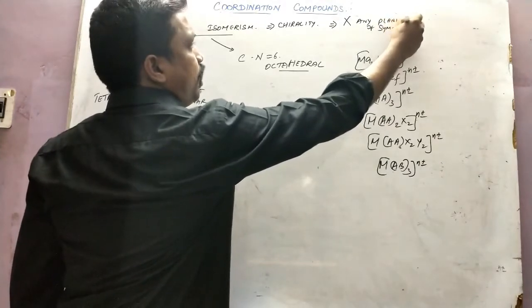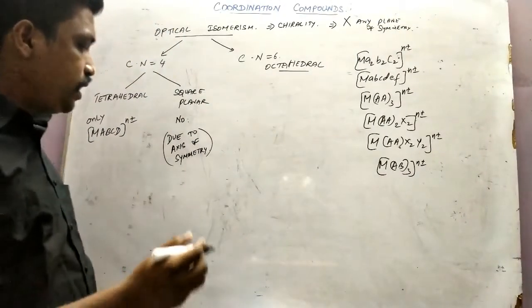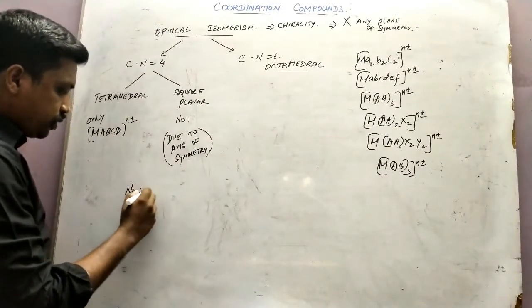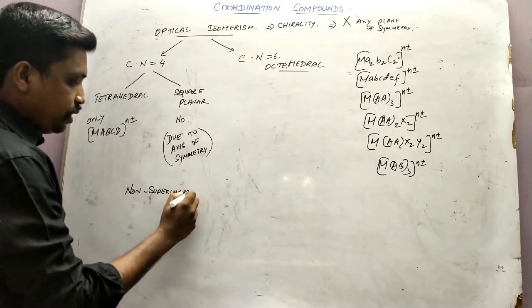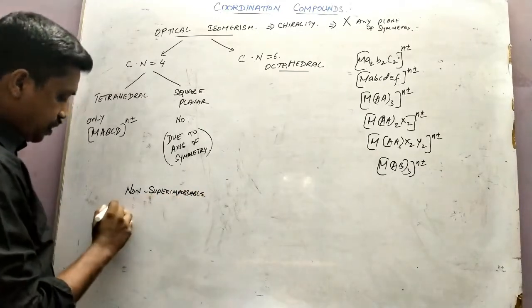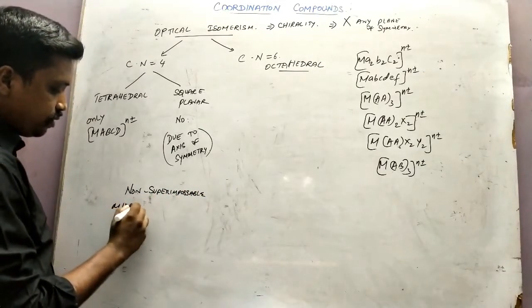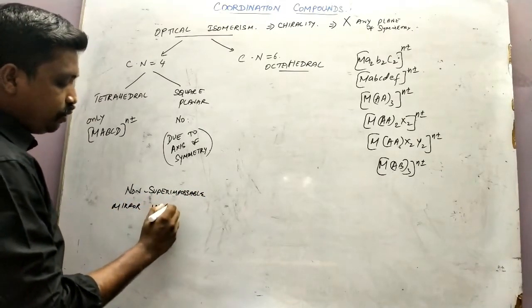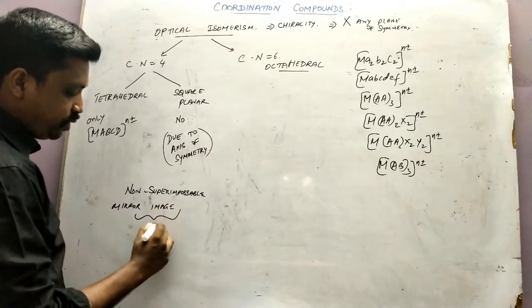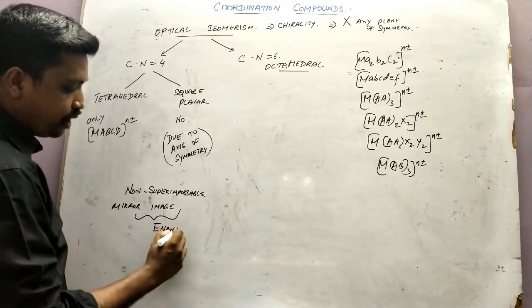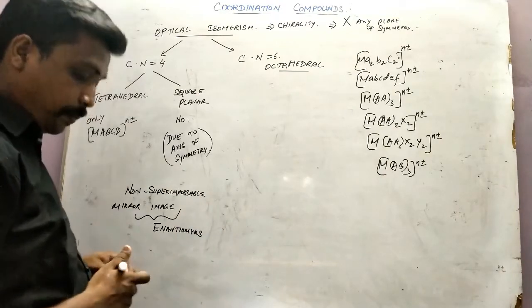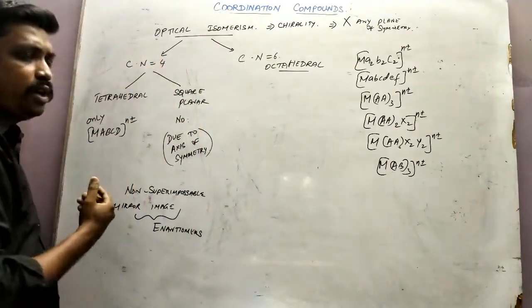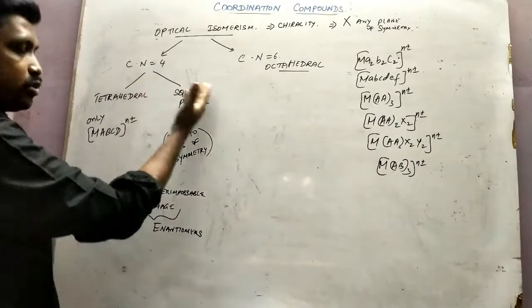Then also it must have a non-superimposable mirror image relation. So those isomers, the non-superimposable mirror image isomers, are called what? Enantiomers, right?